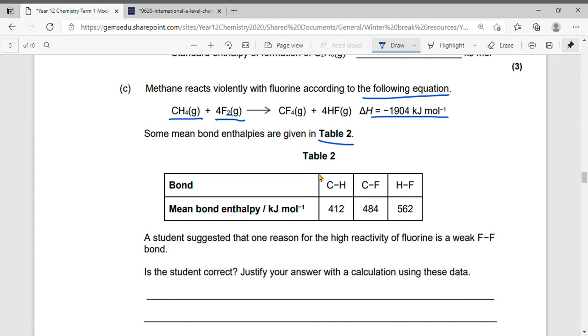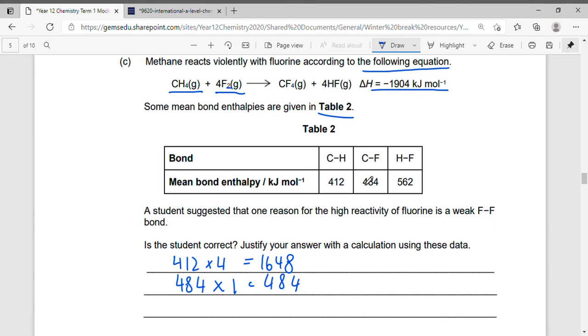So, CH4, we have 4 of those. 4 times 1 is 4, 8. And 4 times 5, 6, 2.